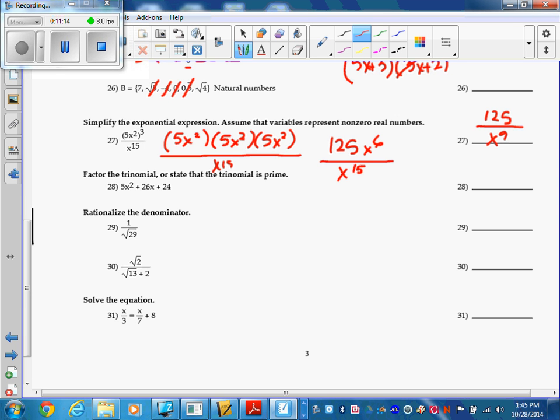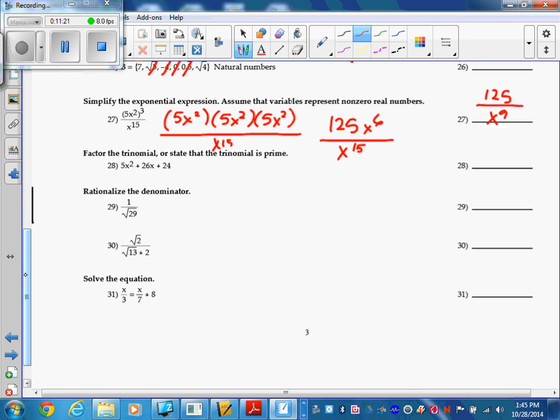Okay, so factoring the trinomial. Common factor? No. So we need to actually pull out the old calculator and say 5 times 24. So that's 120.